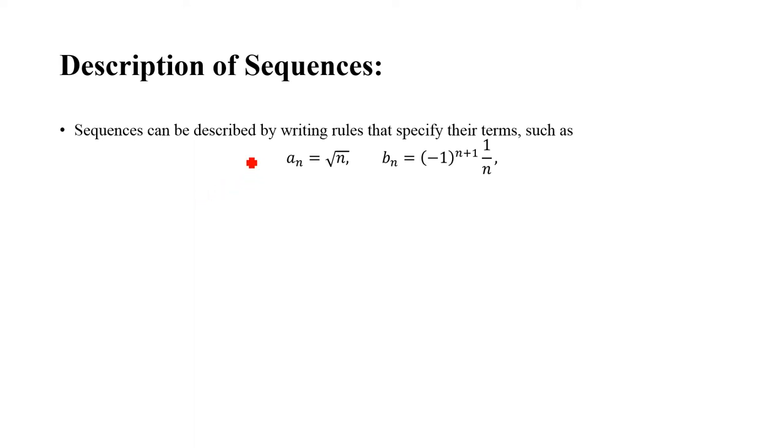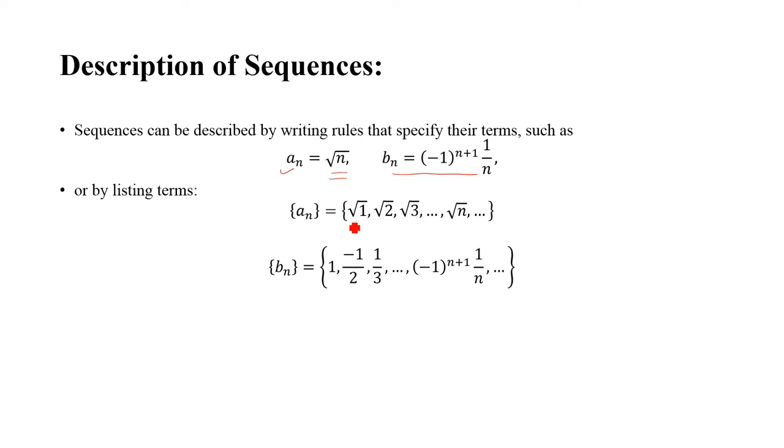A sequence can be described by writing rules that specify its terms. Like this, the nth term of the sequence is the square root of an. We can write other terms using this formula. Similarly, the nth term for this sequence is given by this formula, so we can find the other terms. There is also a representation of the sequence by listing the terms.